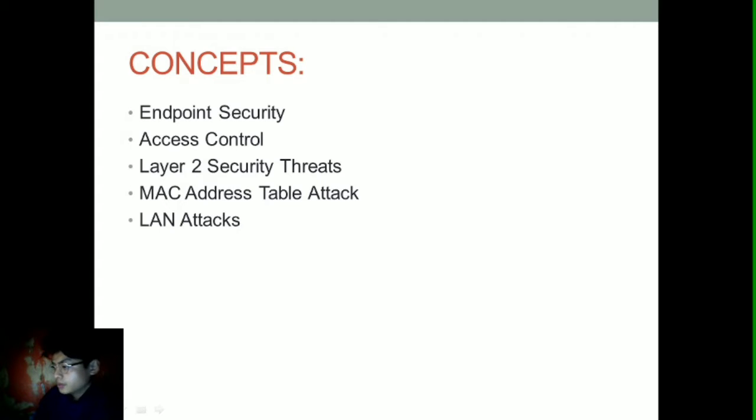LAN devices such as switches, wireless LAN controllers or the WLCs, and other access point devices interconnect endpoints. Most of these devices are susceptible to the LAN related attacks that are covered in this course, but many attacks can also originate from inside the network. If an internal host is infiltrated, it can become a starting point for a threat actor to gain access to critical system devices, such as servers and sensitive data.